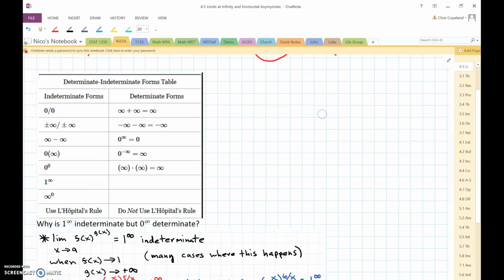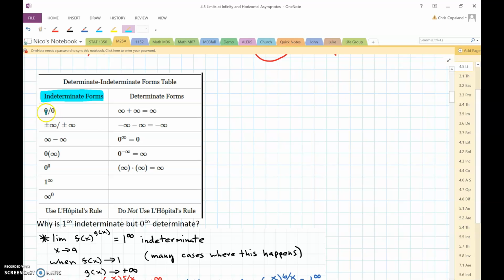We're going to look at that more. This chart is one you're going to want to memorize. First, let's look at all the indeterminate forms. If you try to evaluate the limit and you get any of these forms below, it's indeterminate, which just means you need to use some other method to figure out what the limit is.